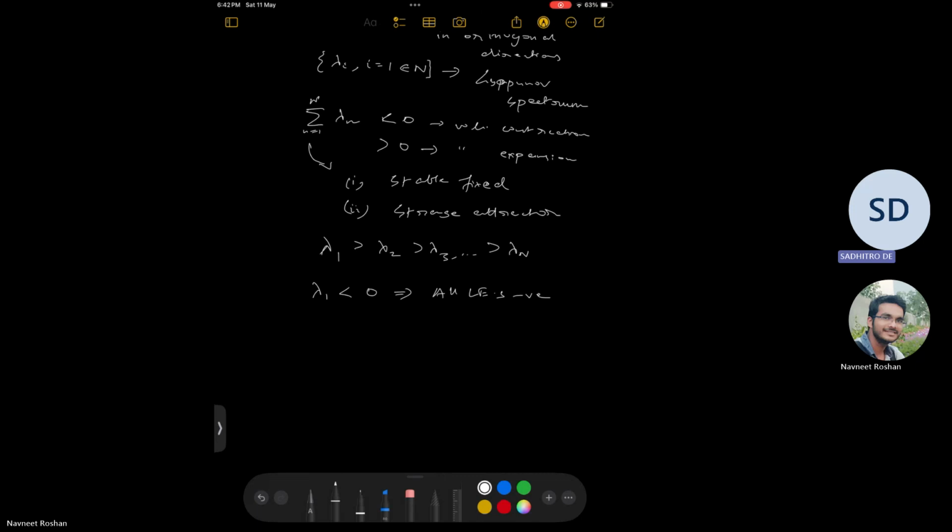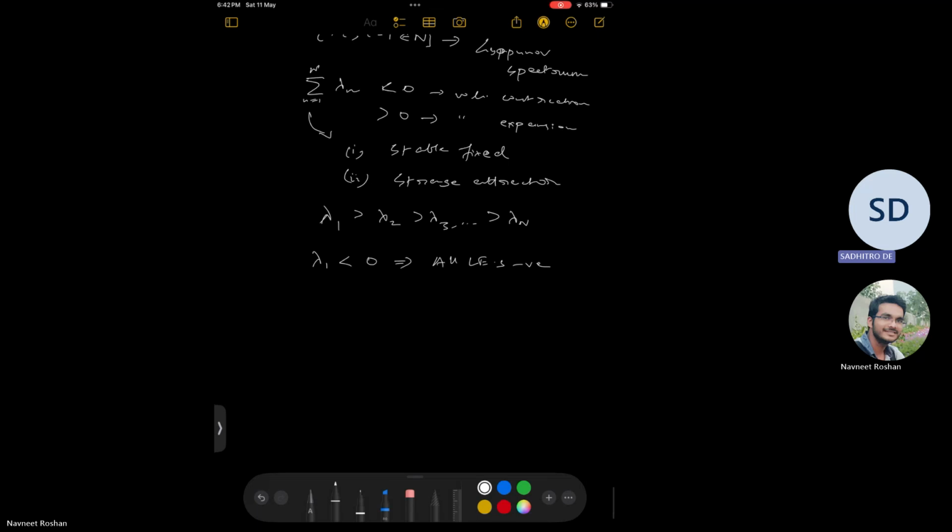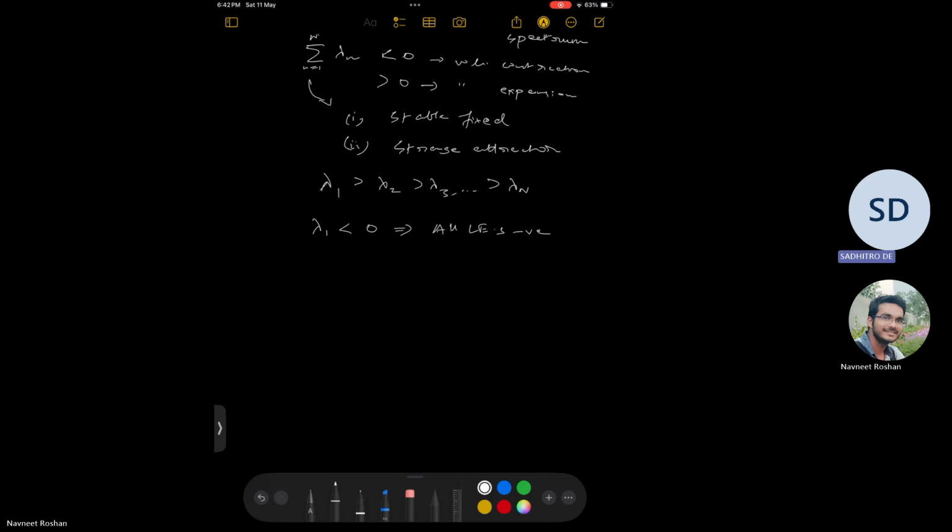That means that no matter how far away the initial conditions are from each other, they will always approach each other and finally follow a common trajectory. That common trajectory can either be a fixed point or a stable limit cycle. So lambda 1 less than 0 implies that there can be no chaos in the system.